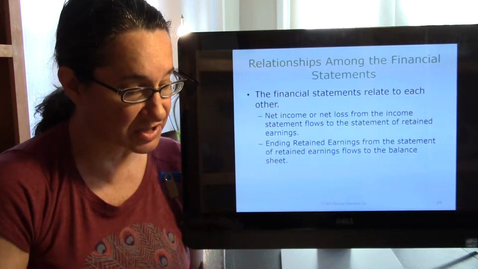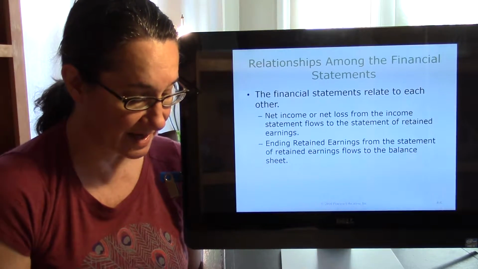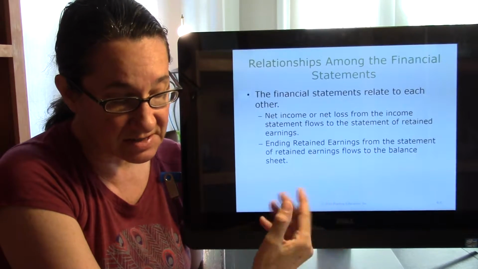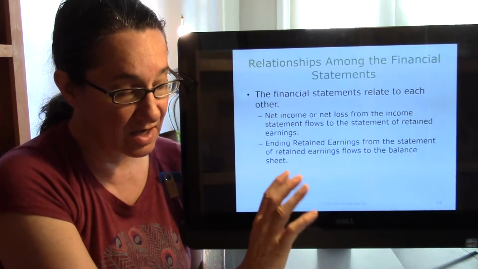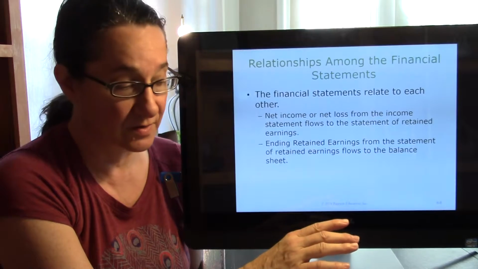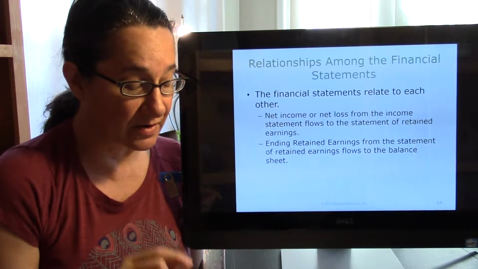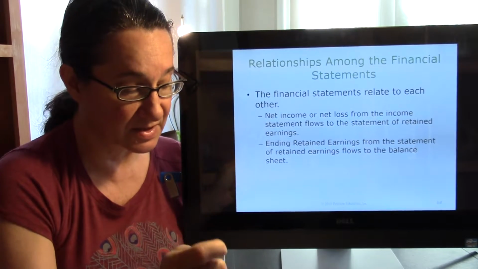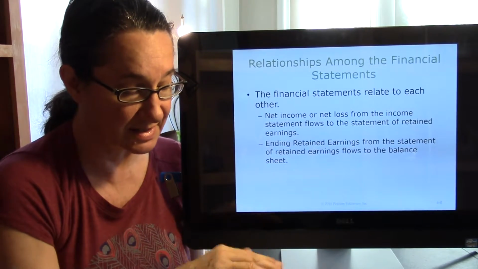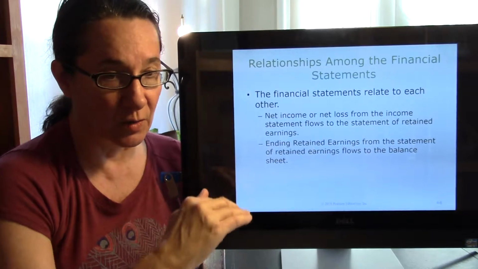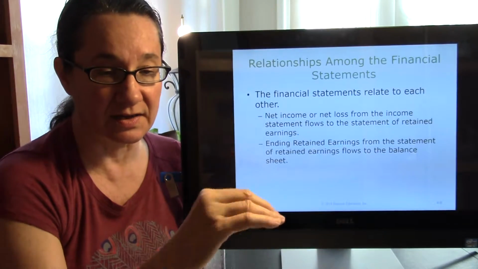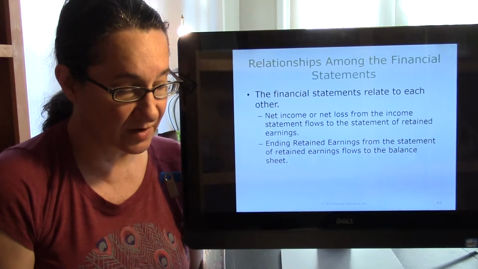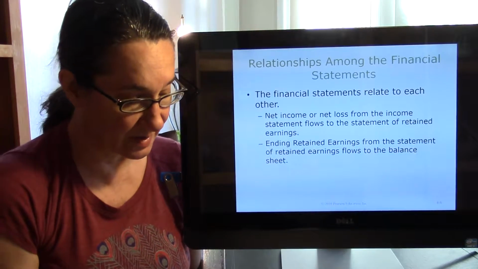Well, the relationship between the financial statements is that net income from the income statement increases retained earnings. A net loss decreases retained earnings. All right? Ending retained earnings goes to the balance sheet and makes total liabilities plus stockholders' equity equal total assets, satisfying the equation. So we prepare them in this order so we can get the new information, and we update our balance sheet with the new retained earnings, and we keep our accounting equation in balance.